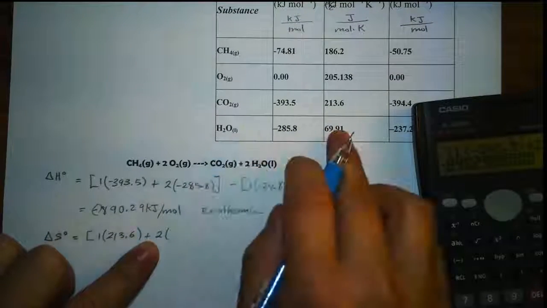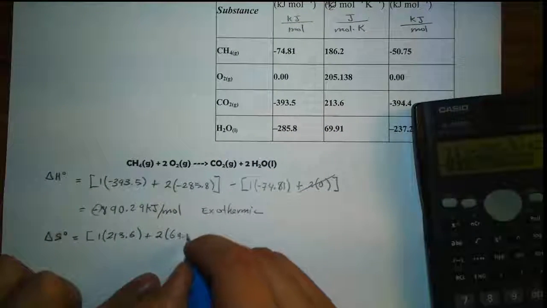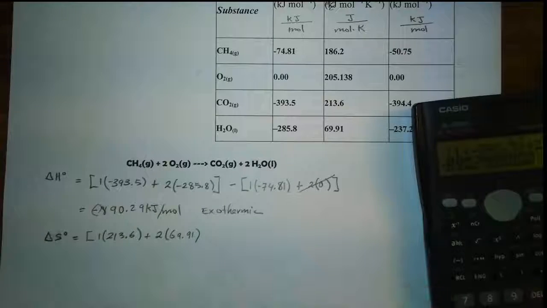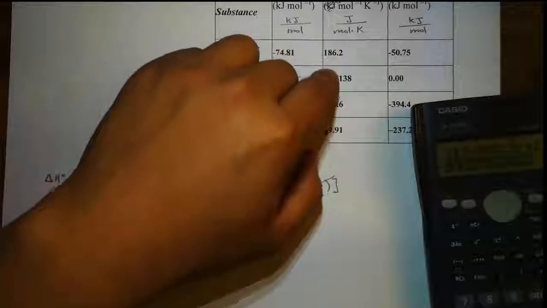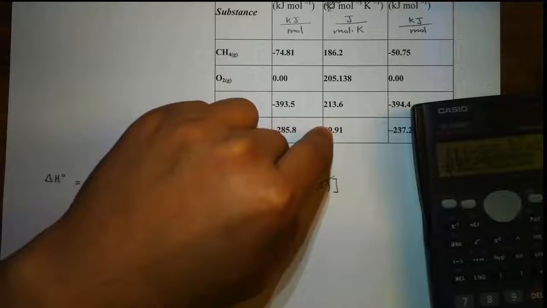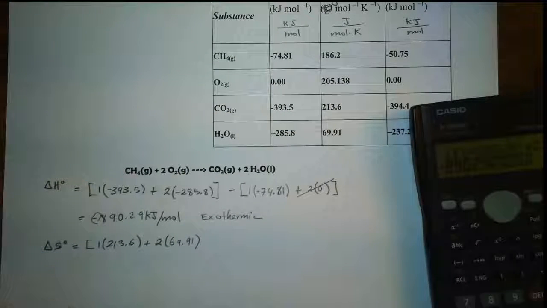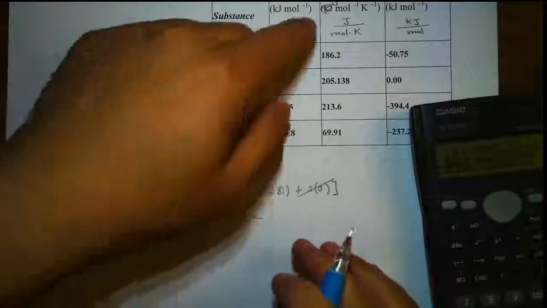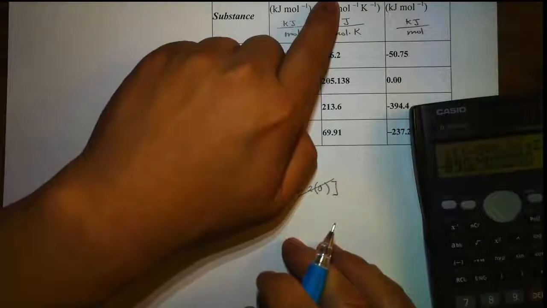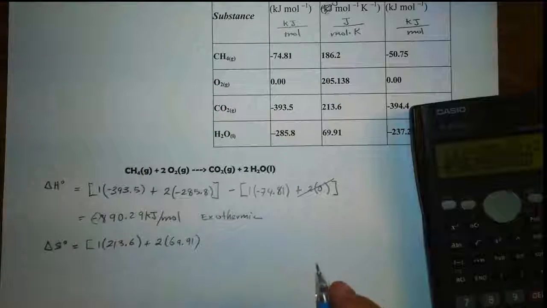Where is water? Right here, 69.91. And if you haven't noticed so far, all the values for delta S formation of entropy are positive, because we learned that the only perfect condition where there is zero disorder is at 0 Kelvin. And of course, here we're talking about standard, that's 25 degrees Celsius. So all of your delta S will be positive. Keep that in mind.